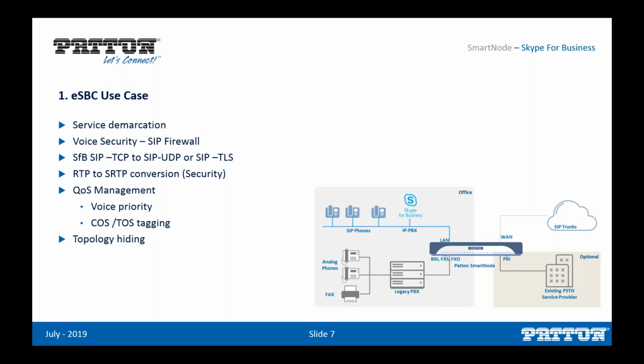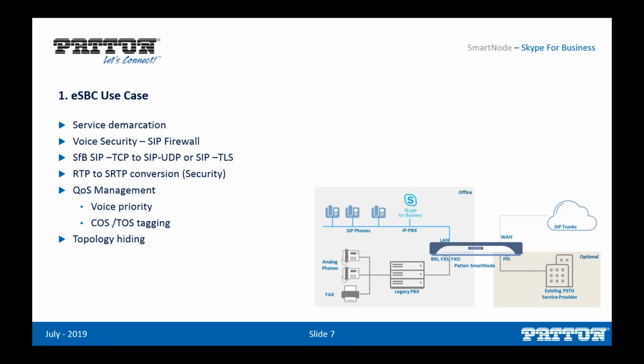However, the main functionality of the SmartNode acting as an SBC in such a use case is providing the demarcation between the LAN, the customer-side network, and the WAN, which is typically unsecure. Talking about security, the SmartNode delivers security to protect the customer's LAN, so we can operate the customer's network in an unsecure way, by using plain SIP signaling and plain RTP.